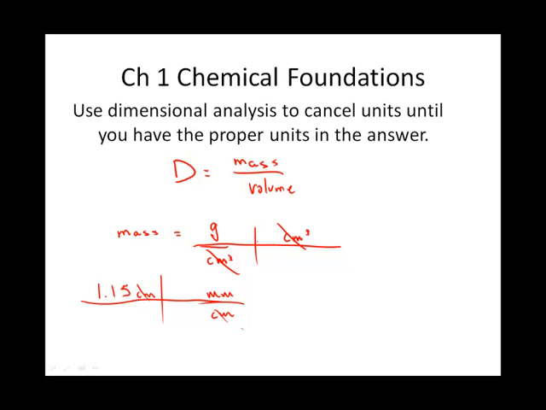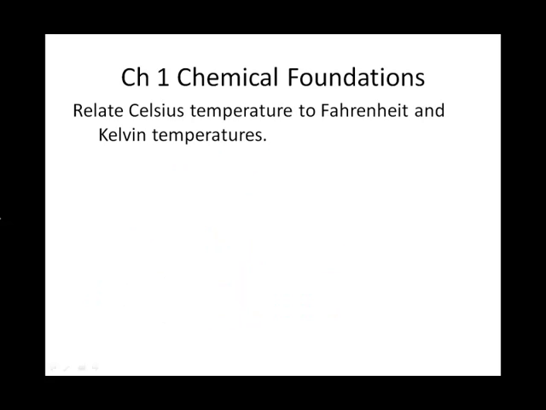Centimeters are going to cancel out. Now, 1 centimeter, that's bigger than a millimeter, so one big thing has several little things. 1 centimeter is 10 millimeters, and so this becomes 11.5 millimeters. Dimensional analysis. The units need to be accounted for.